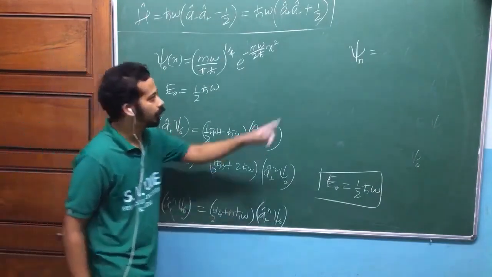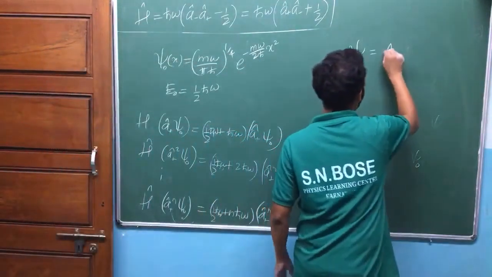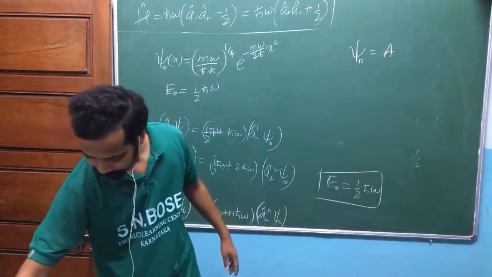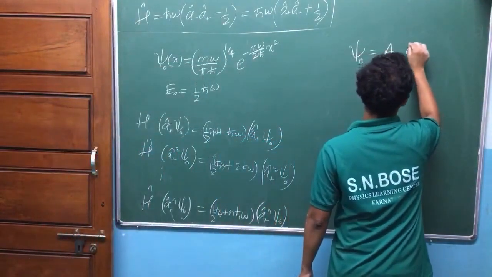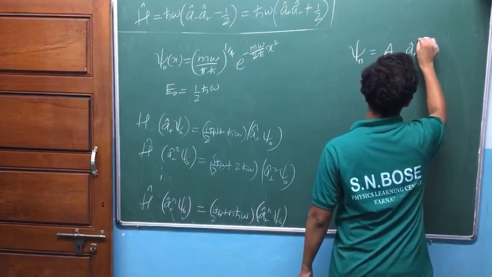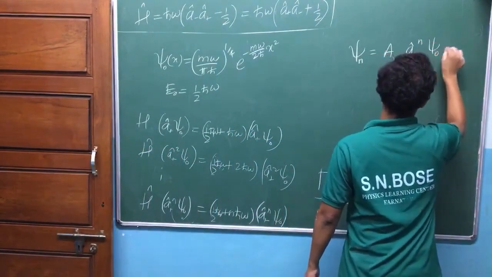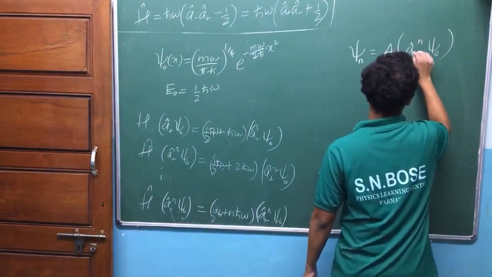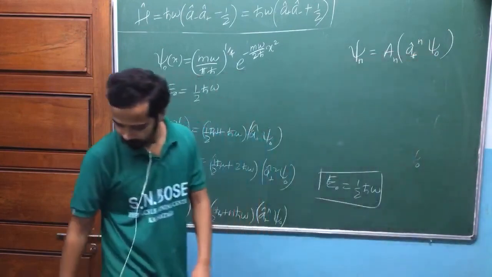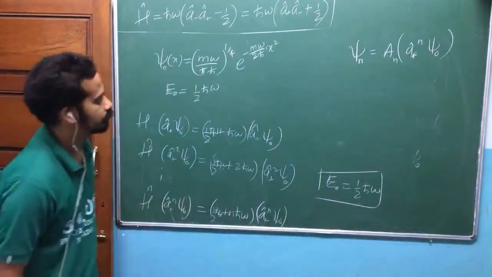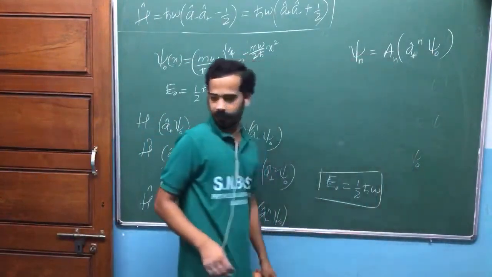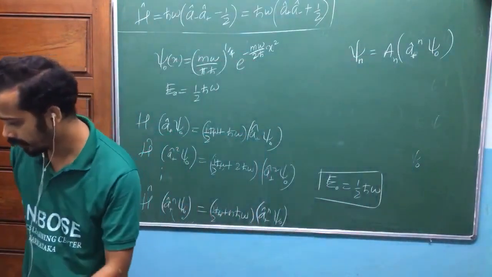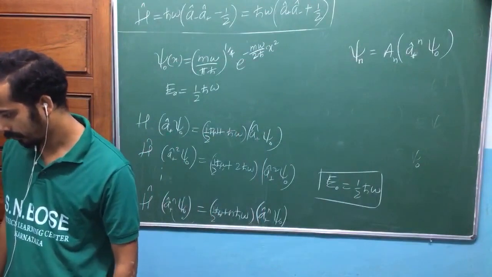That's why I put one normalization constant, which I call A n, times a plus cap operated n times on psi naught. Is that okay?